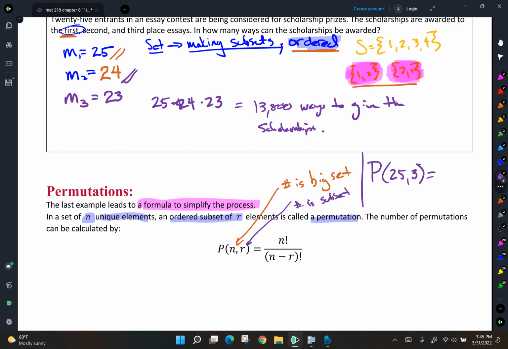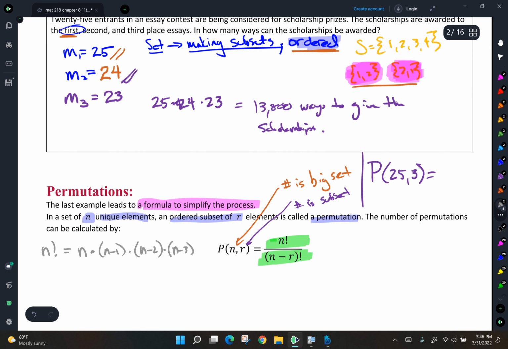Now I got a formula over here, but I'm not sure what it means. So let's just take a look at it for a second. The formula says it's n factorial over n minus r factorial. Right? Are you familiar with this notation? This n factorial notation? Well, n factorial means n times n minus 1 times n minus 2 times n minus 3 times, and you just keep going until you get to 1.